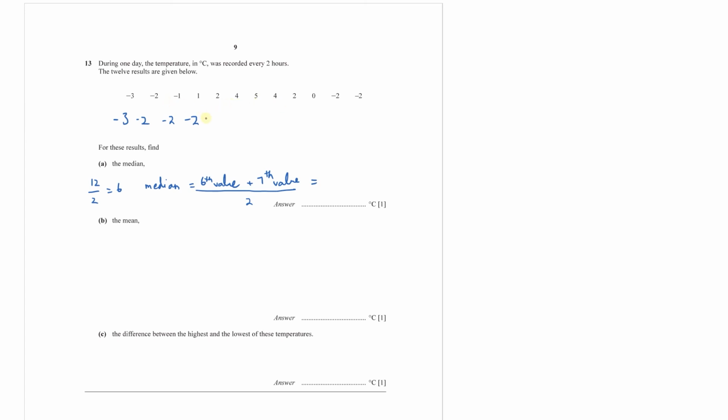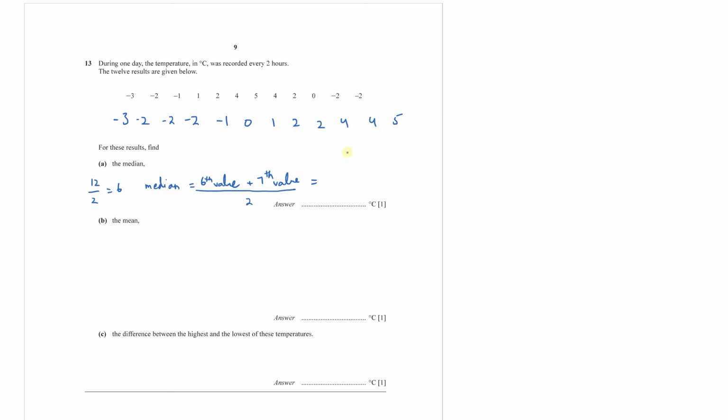And then you have minus 1, 0, 1, 2, 2, and then 4, 4, 4, 4, and then 5. So 1, 2, 3, 4, 5, 6, 7, 8, 9, 10, 11, 12.